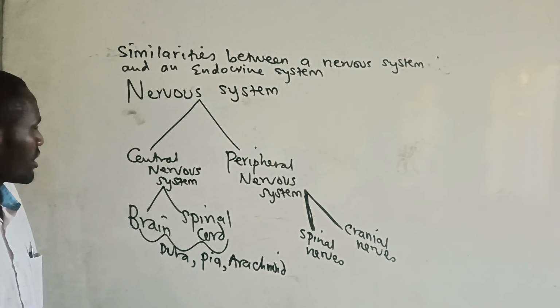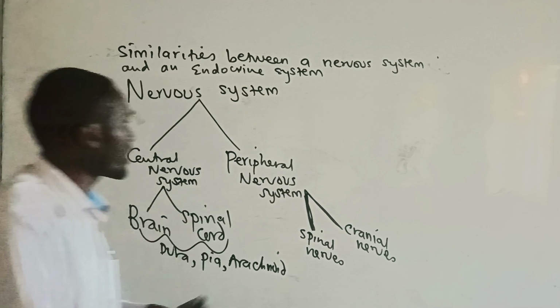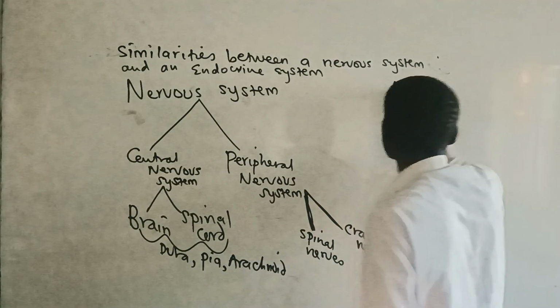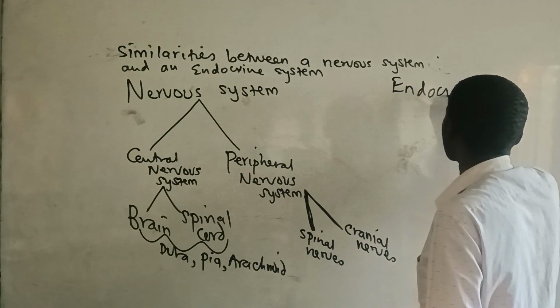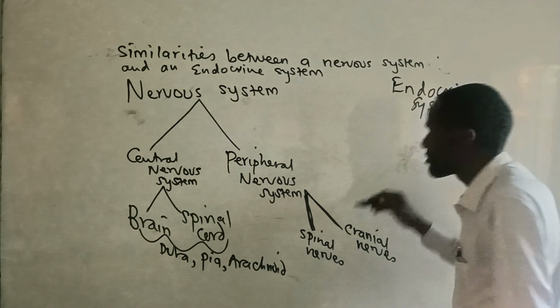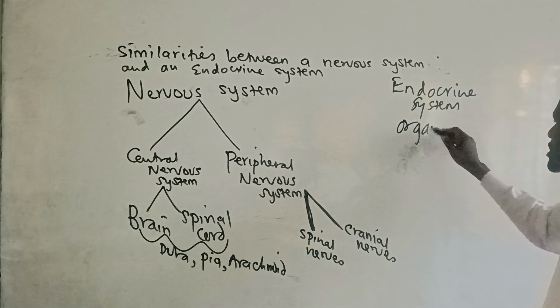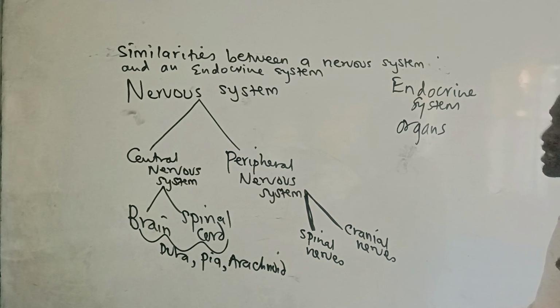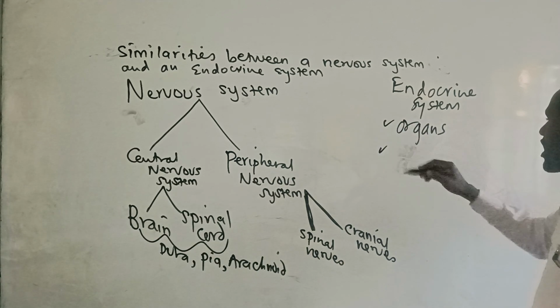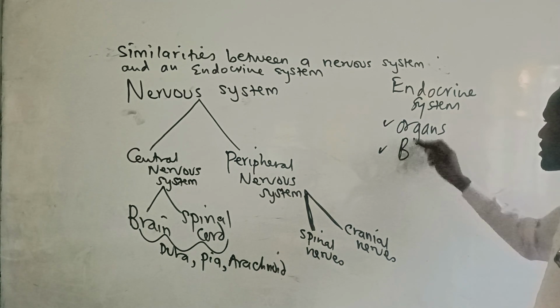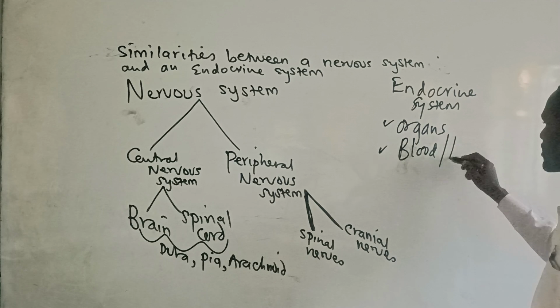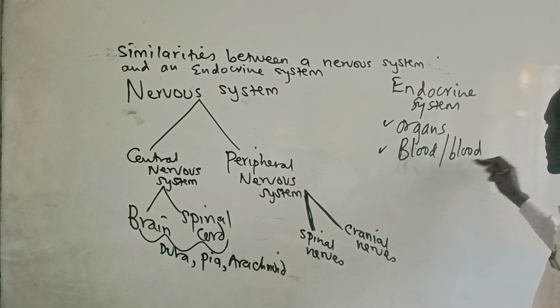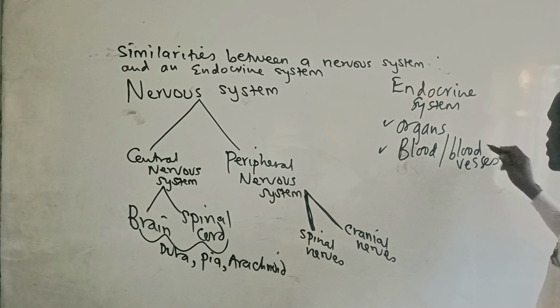So, and of course, if you talk about the endocrine system, this will consist of two very important parts. We are going to call the organs, okay? And you can also have the blood vessels that carry those hormones.